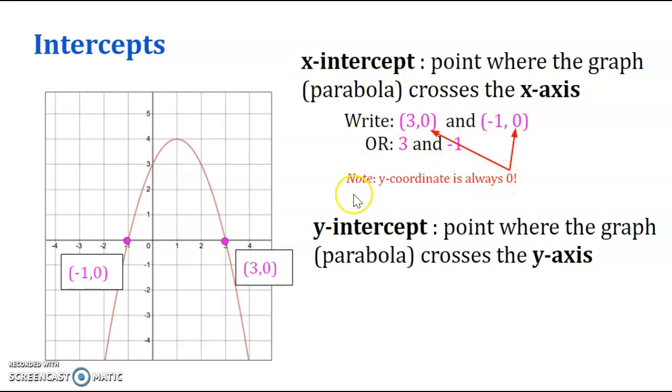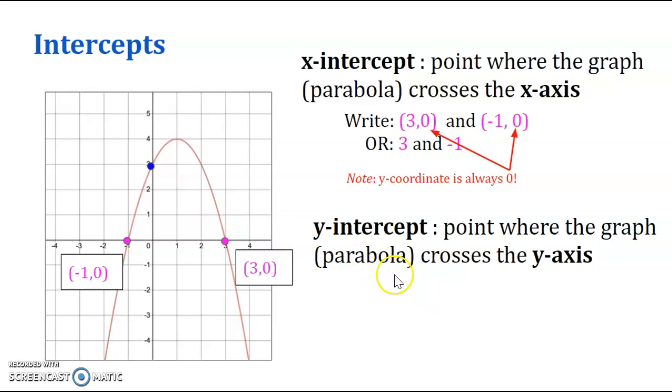For x-intercept, the y coordinate is always going to be 0. Okay, so x-intercept, any point on this line, the y value, the vertical position is 0. That is the reason why it's 0 there.